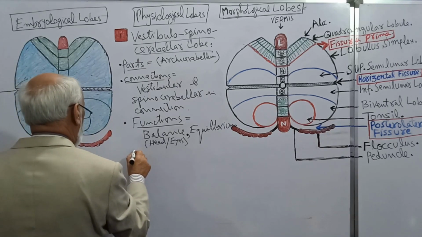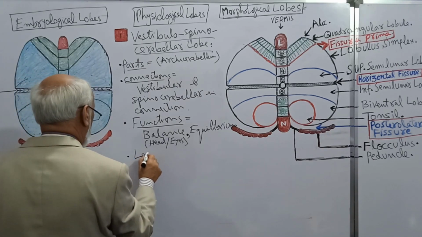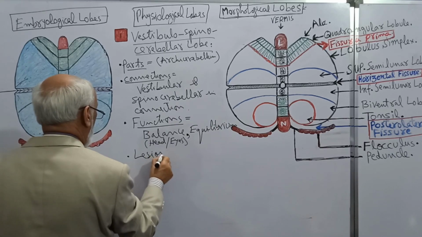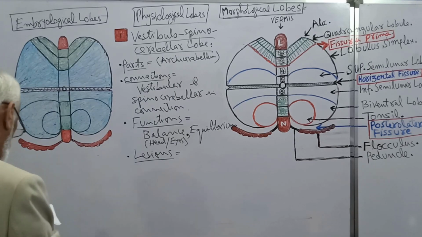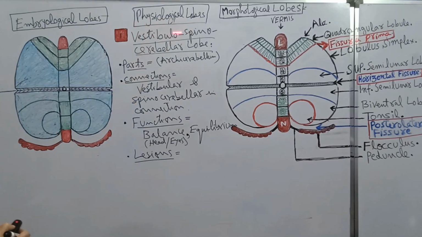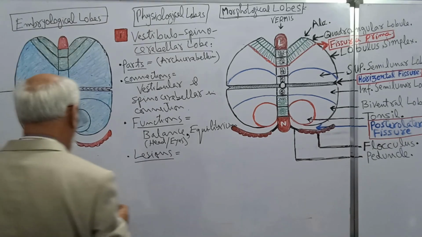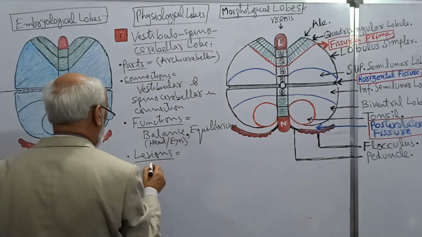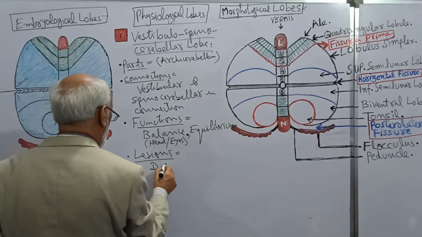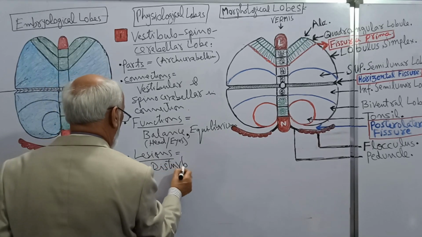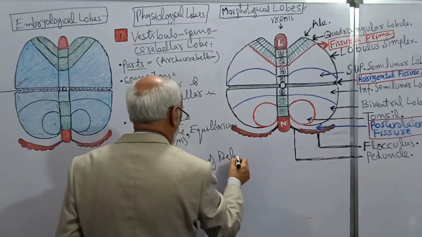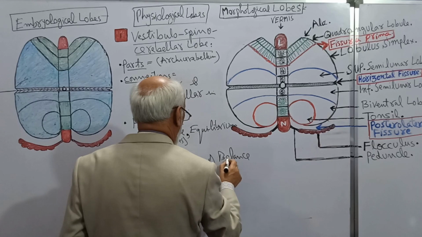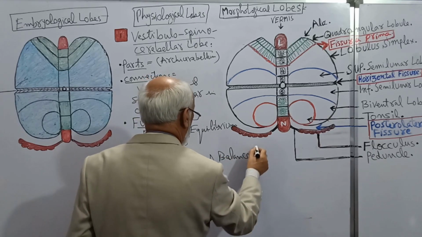Now, what will be the effects of lesions of the vestibulospinocerebellar lobe? When it is damaged, what will happen? There will be disturbance of balance and equilibrium.